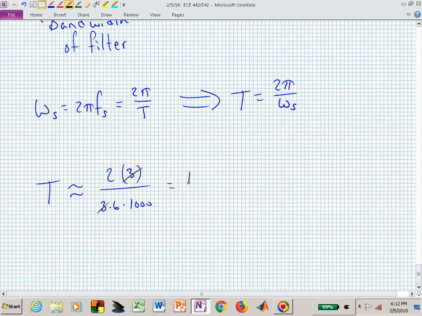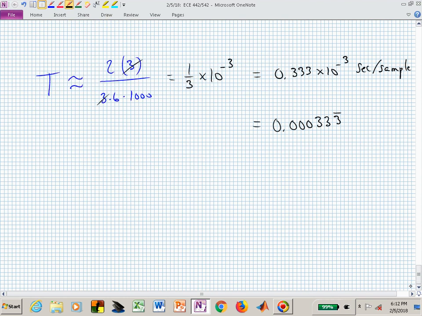Now this becomes 1/3 times 10 to the minus 3. So we're now sampling at 0.333 times 10 to the minus 3 seconds per sample. That's how fine we're resolving the time axis. Now we can convert our differential equation into a difference equation.